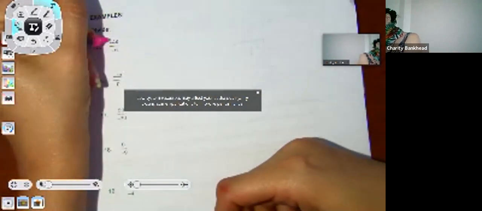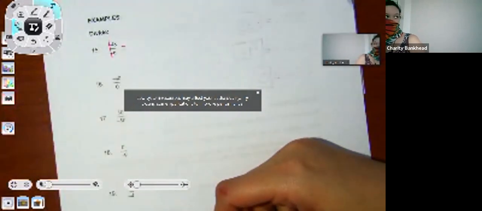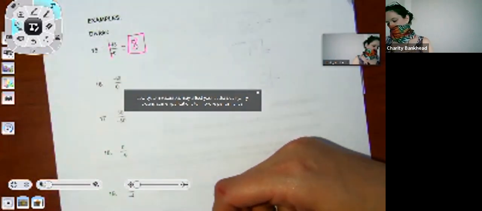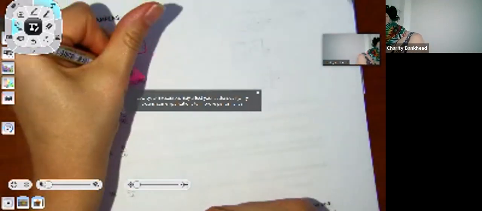If we have negative 48 divided by negative 6, those negatives cancel each other out, and 48 divided by 6 is 8. Number 16 says negative 40 divided by 0. So 0 under is undefined.